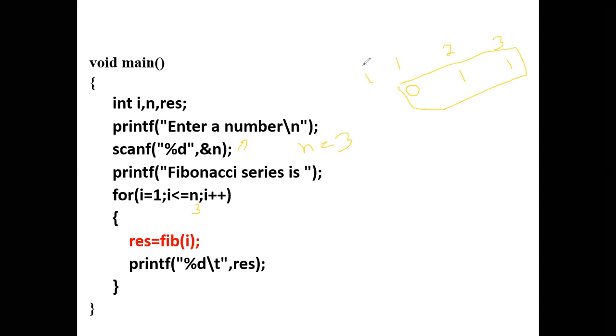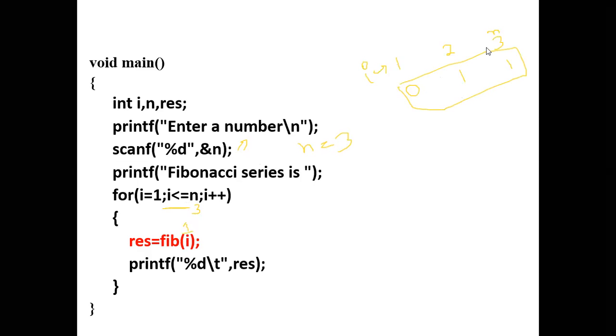So the I value can range from 1 to a maximum of n. That is why you write the condition I is less than or equal to n. So what is the first value of I? It is 1.